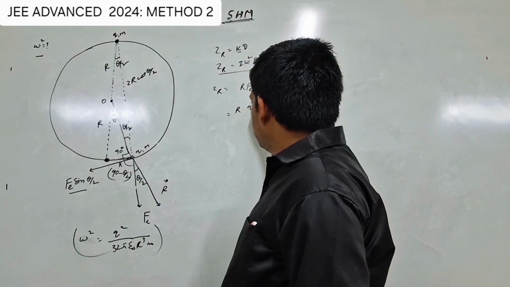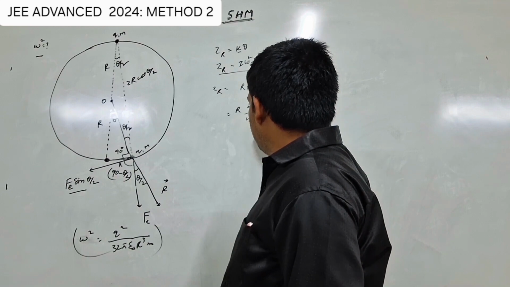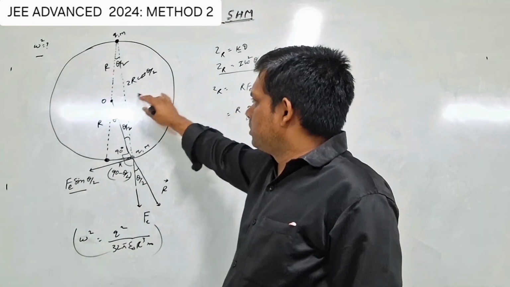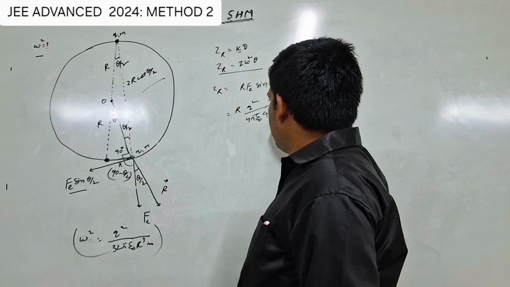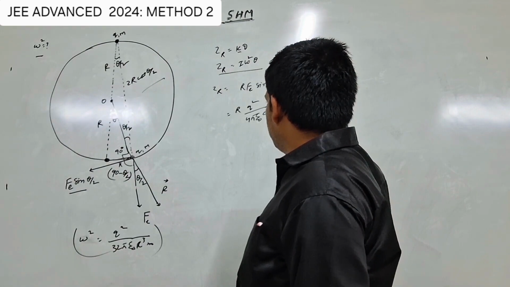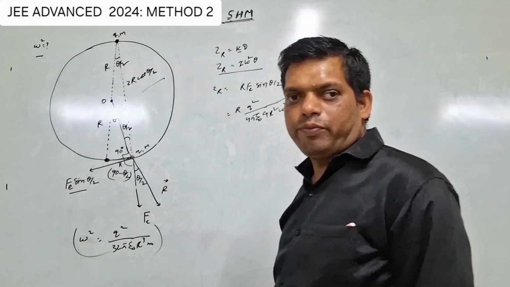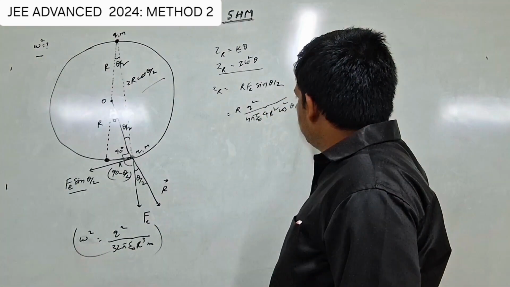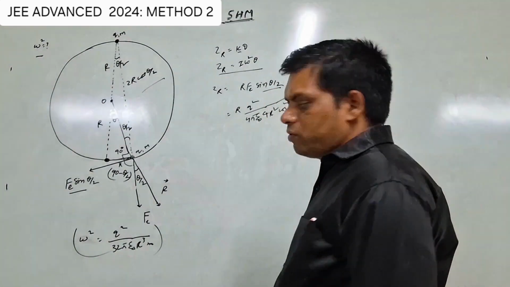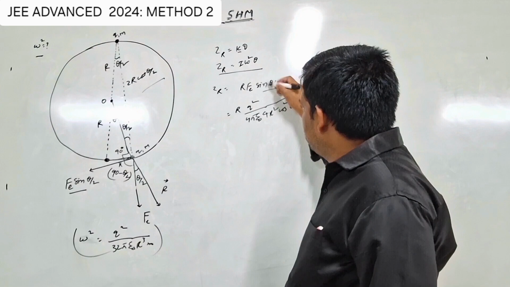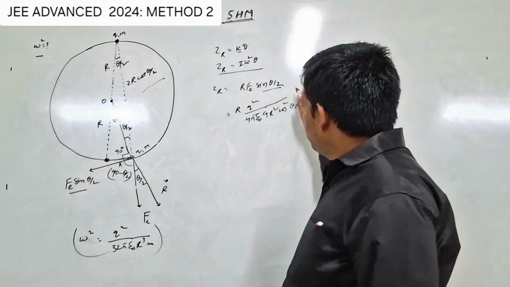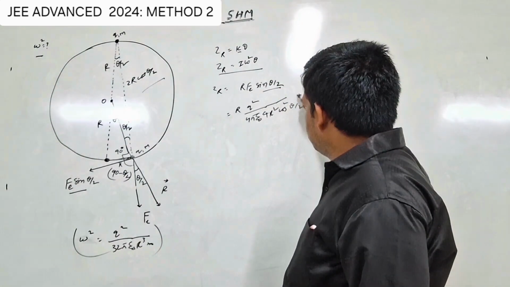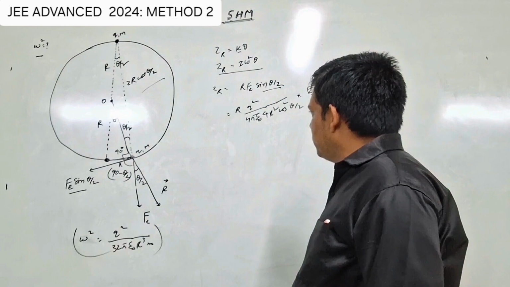R F is equal to q square upon 4 pi epsilon naught, distance square means 4 r square cos square theta by 2, and this is sin theta by 2. For a small value of theta, sin theta is equal to theta, so we can put sin theta by 2 as theta by 2.